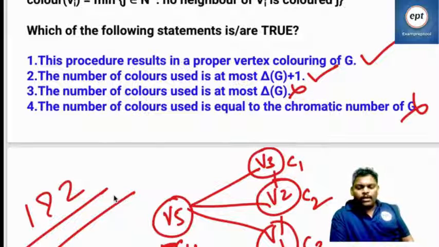There is no proper algorithm. If at all this algorithm is working, everyone will follow this algorithm. Then graph coloring would be a decidable problem, it is not an NPC problem. It will become a P problem. P problem is an easy problem, a polynomial problem.